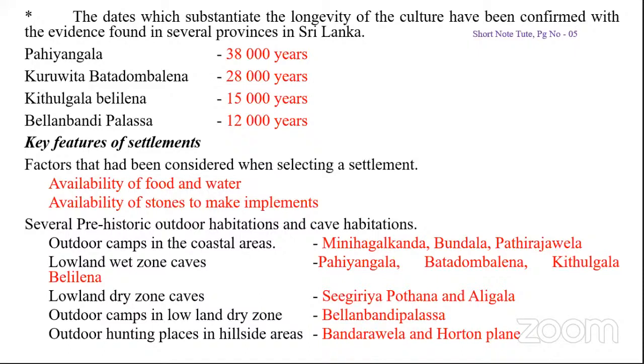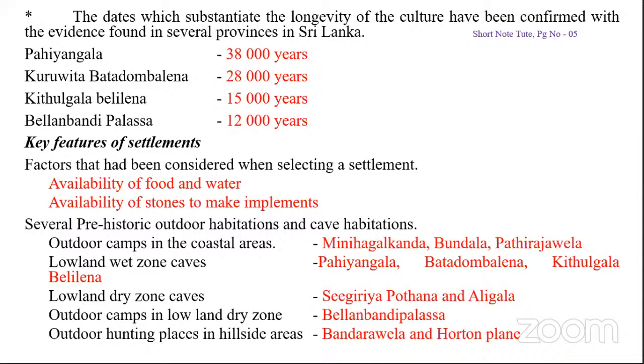Right. So now I will recall some of the questions that had been given in previous past papers. What was the place with the earliest culture? It was Pahiyangala. How many years old? 38,000 years. These things have come frequently. The prehistoric outdoor habitations and cave habitations have come even in MCQs and short questions.